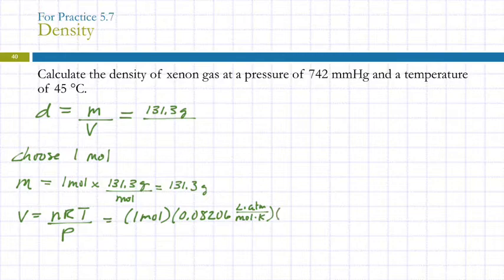And then I need the temperature. Can I use 45 degrees Celsius? No. It's got to be in Kelvin. So 45 degrees Celsius plus 273 is 318. That's the temperature in Kelvin.